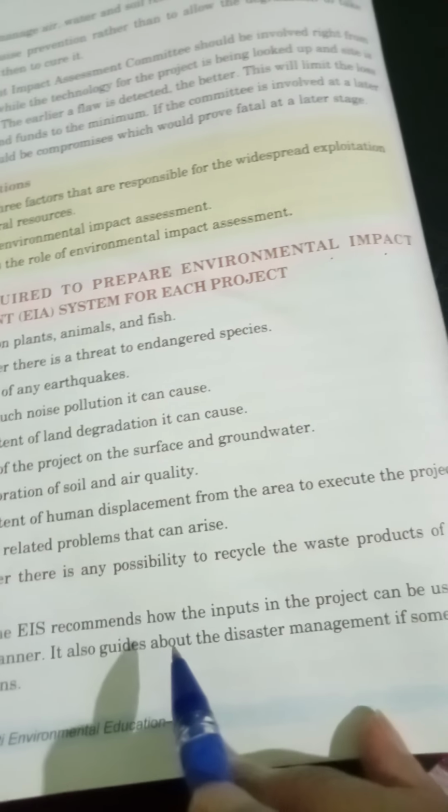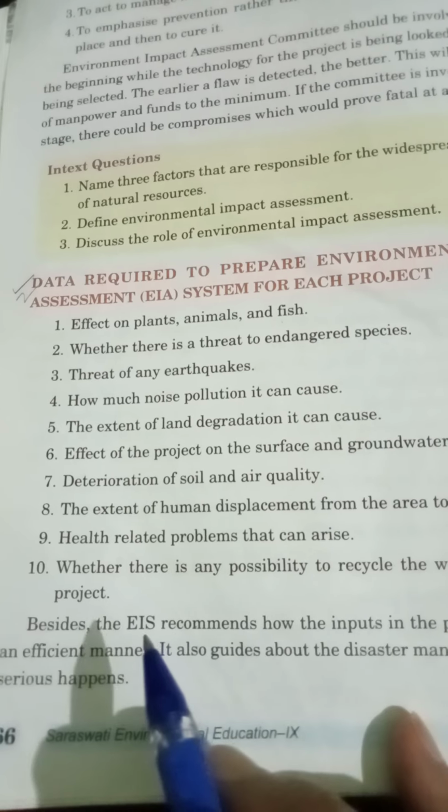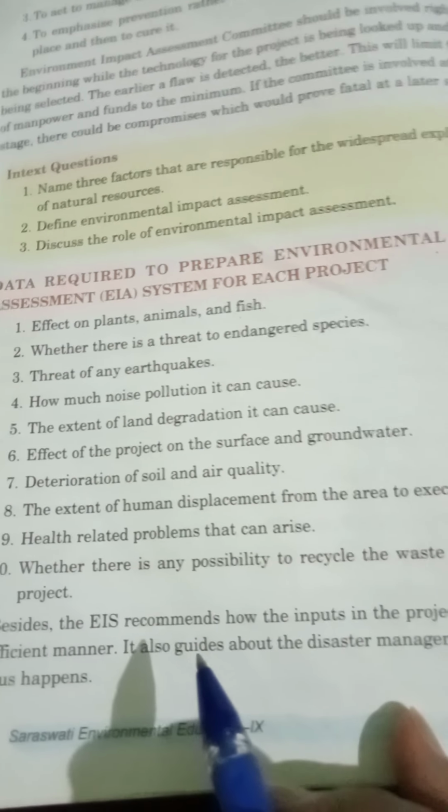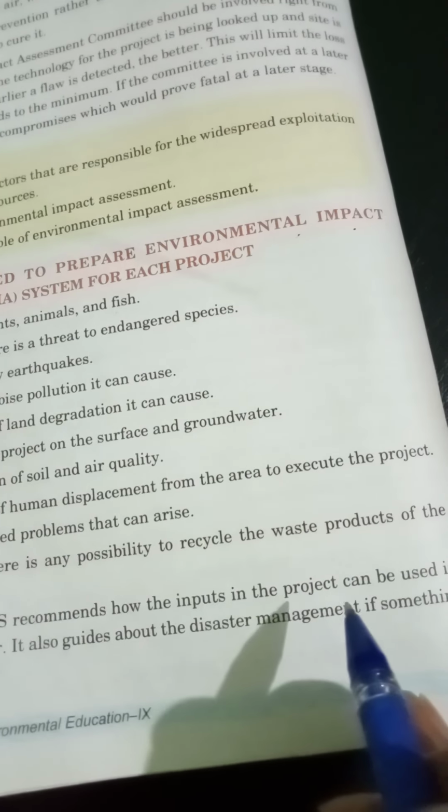It also guides about disaster management if something serious happens.